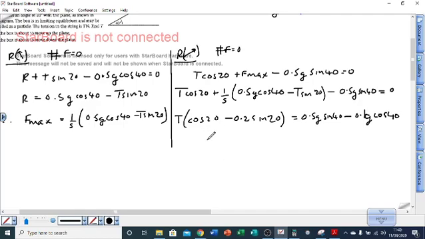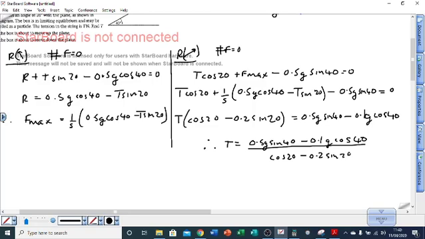Okay, so therefore T equals 0.5 G sin 40 minus 0.1 G cos 40, all over cos 20 minus 0.2 sin 20.